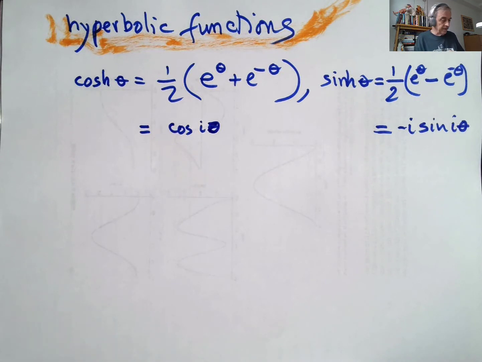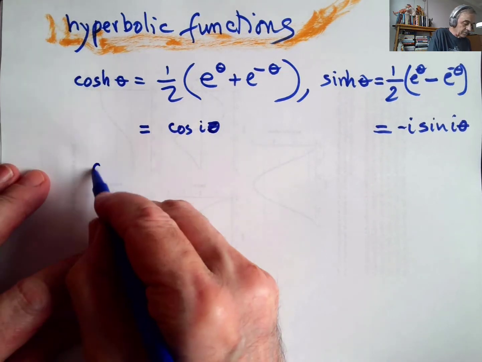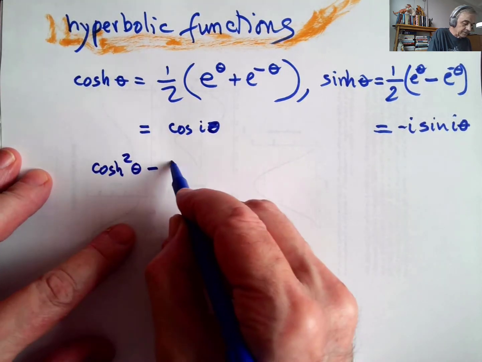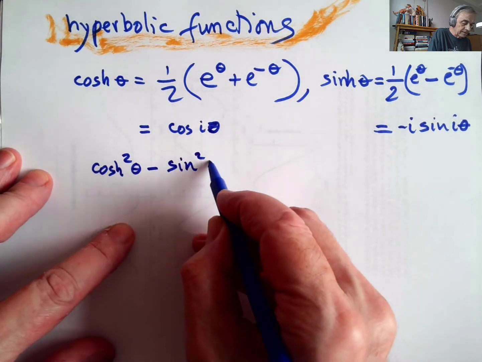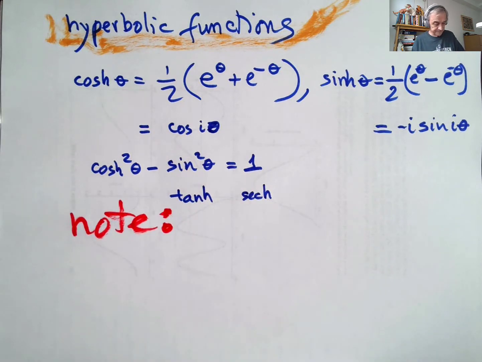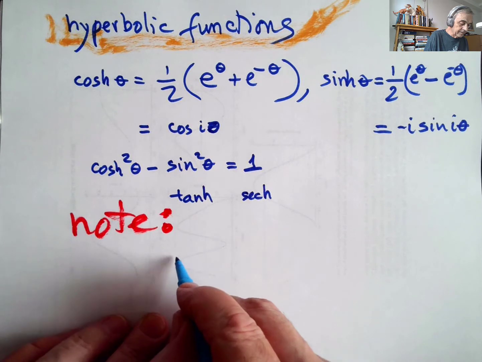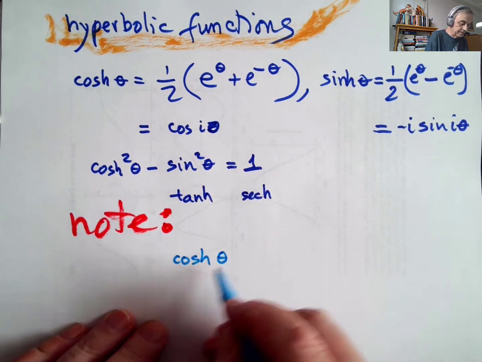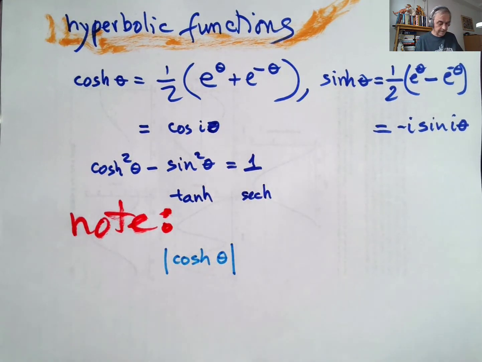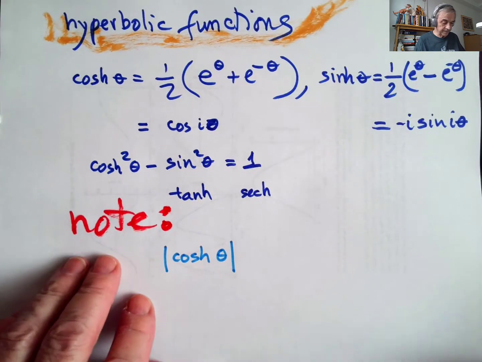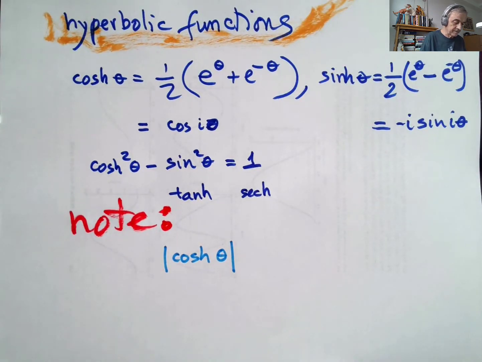So hyperbolic functions and trigonometric functions are just imaginary cousins of each other. And you get nice identities such as cosh² of theta minus sinh² of theta equals 1. Note, when you look at cosh of theta, it's no longer true that it is bounded by plus or minus 1 as it is for sines and cosines.